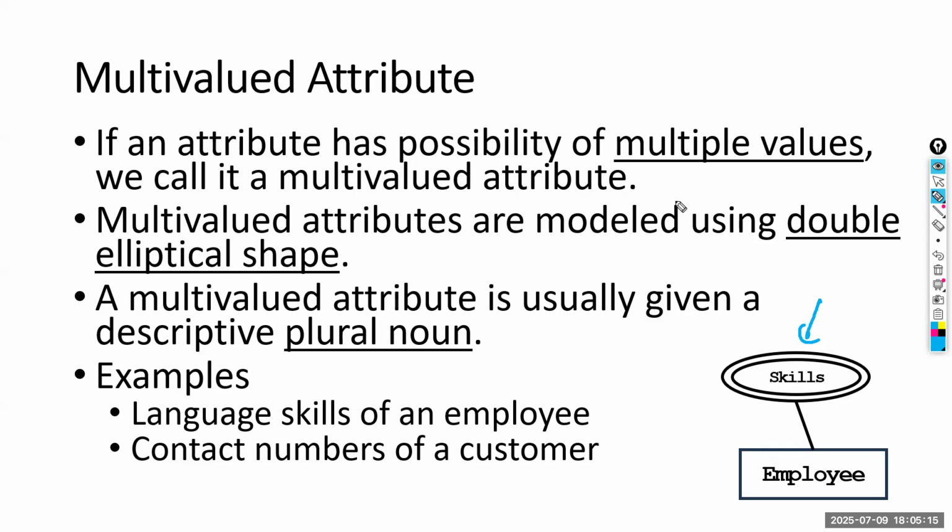Maybe he will say, I have, say, language skills. I can speak Sinhala, Tamil, and English. One will say, okay, I can only speak English. Another, I can only speak Sinhala and English. So multi-value, possibility of multiple values. These are important because when we design, you need to do certain things. Right? That is why we model these requirements.